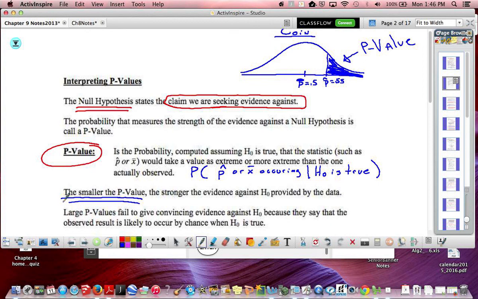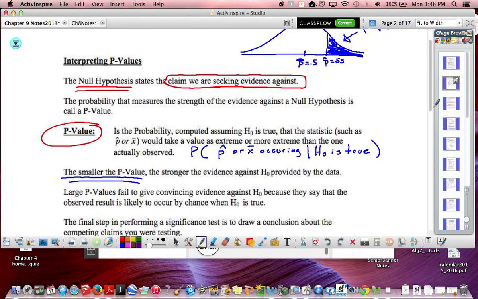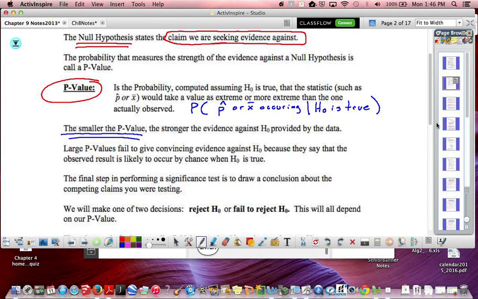That's not a very low probability. If we get large p-values, those fail to give us convincing evidence against the null hypothesis. So 0.15 probably is not enough to say that the null hypothesis is false.